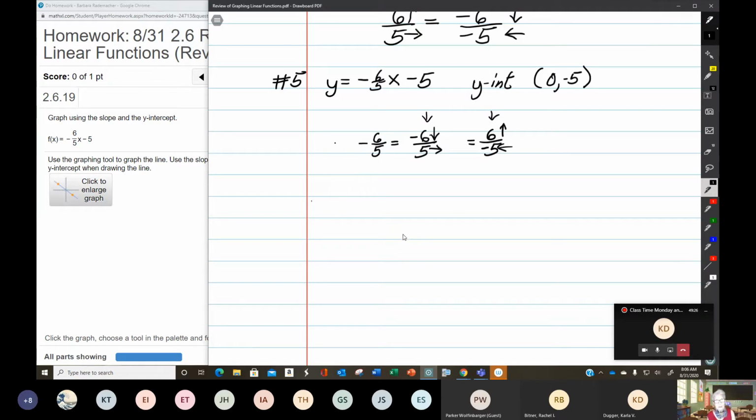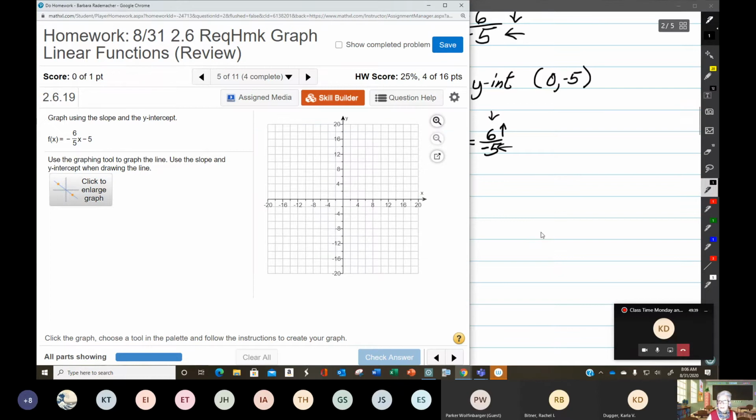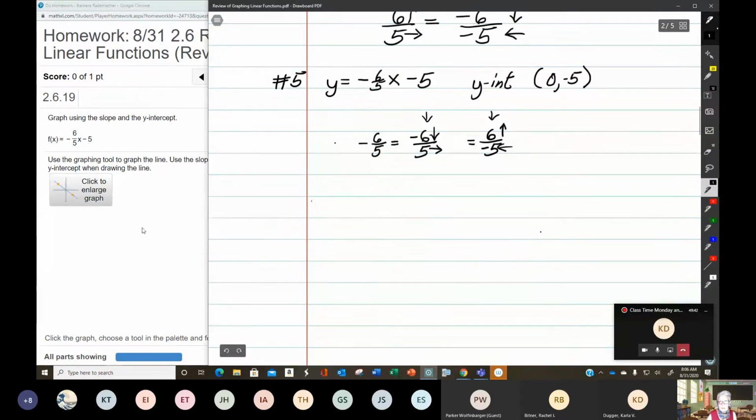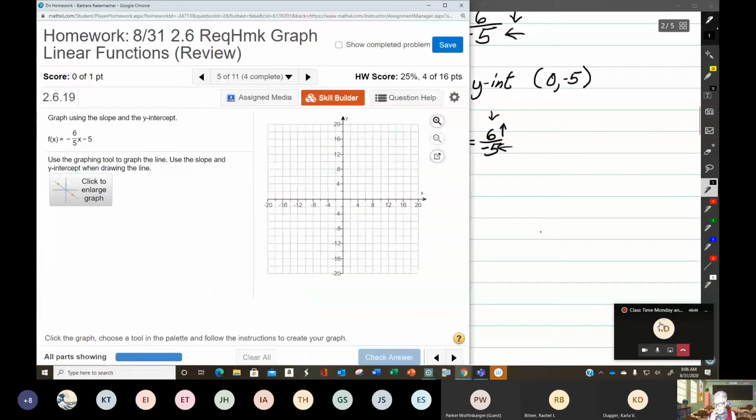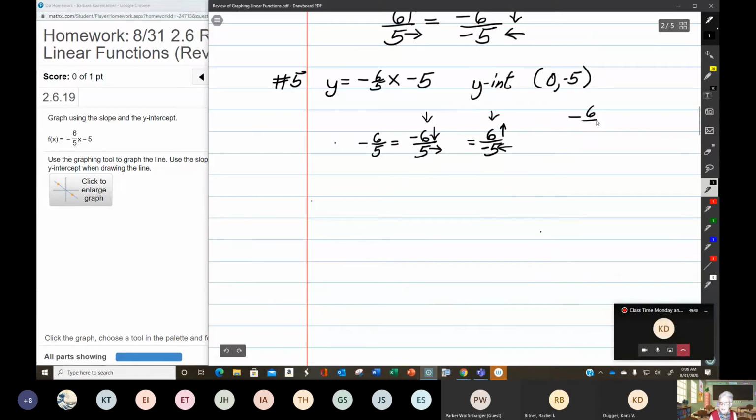From the place you start, and where you start is the y-intercept. So let's do this. I'm going to write that out here. I'm either going to go -6, +5, or I'm going to go +6, -5.